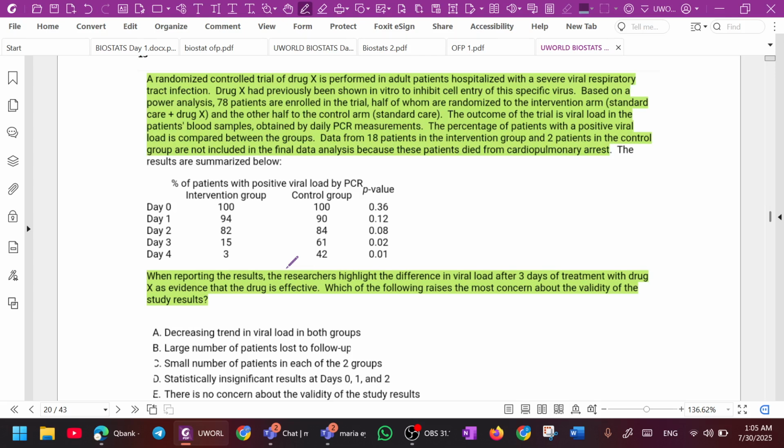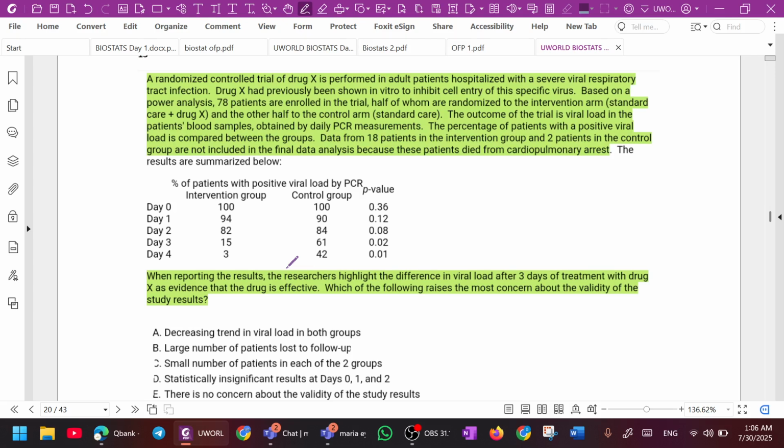Based on a power analysis, 78 patients are enrolled, half randomized to the intervention arm, standard care plus drug X, and the other half to the control, standard care. The outcome is viral load in the patient's blood sample obtained by PCR measurement. The percentage of patients with a positive viral load is compared between the groups.